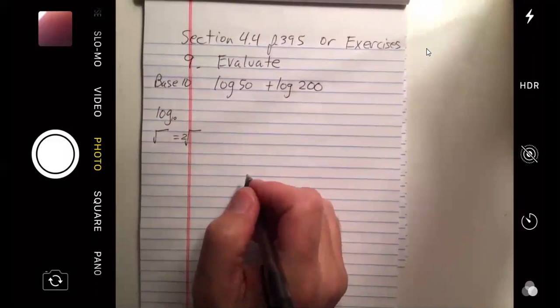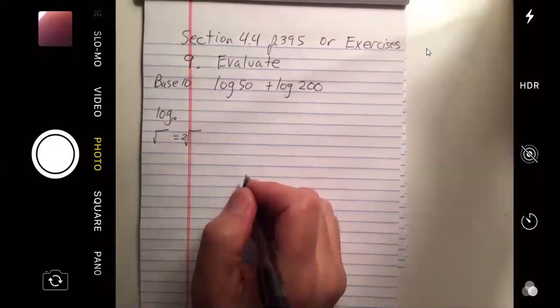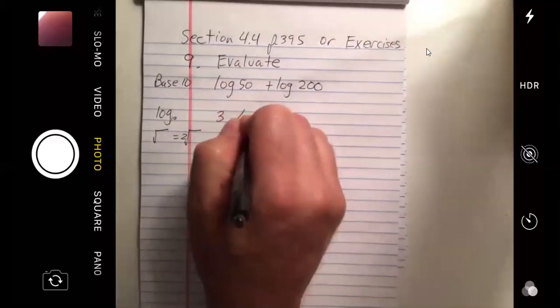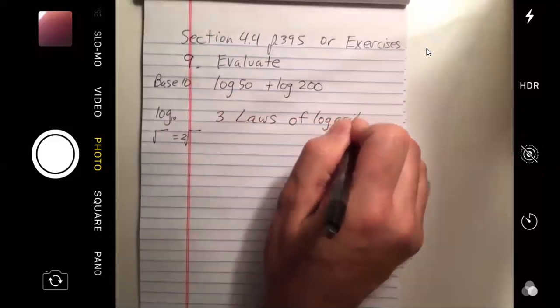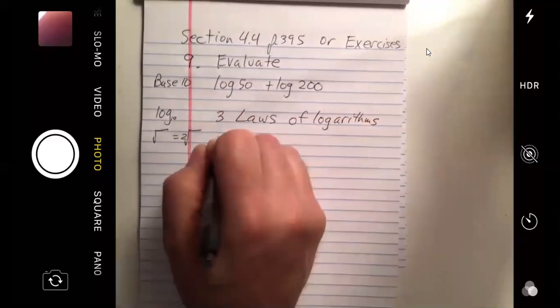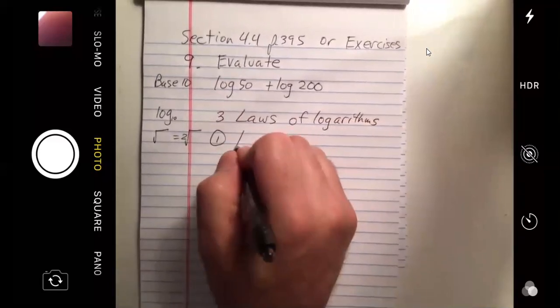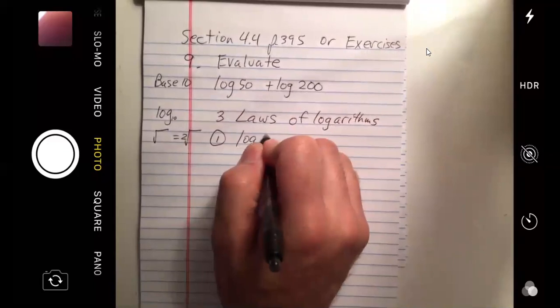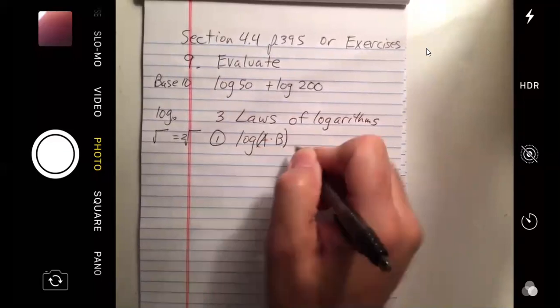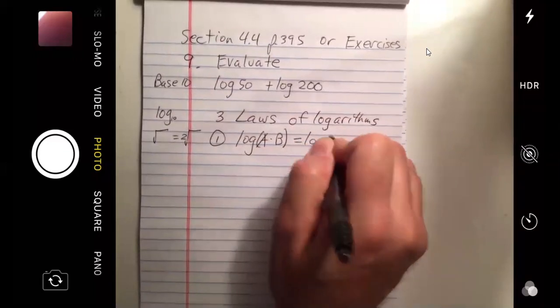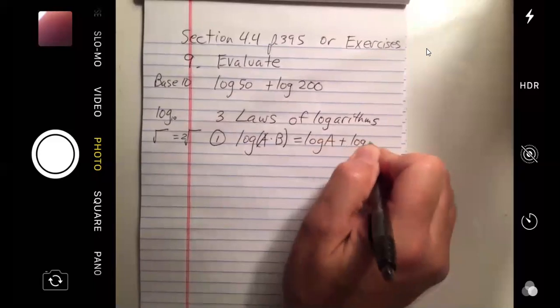All right, so I have not written down the actual laws of logarithms to show this. That would be in the lectures we're not doing, but there are 3 laws of logarithms. First law: if I have log of a times b, then we get log of a added to the log of b.